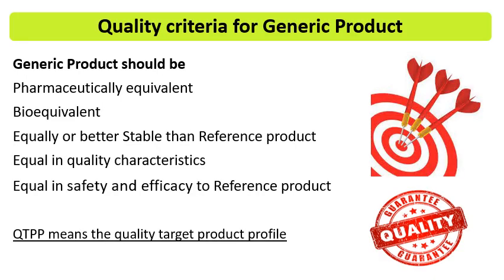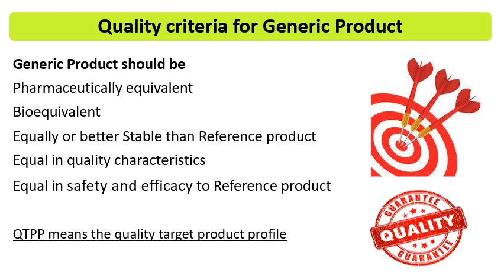So the quality criteria for the generic product is equal to the reference product. In quality, the generic product should be the same or similar to the reference product. It should be pharmaceutically equivalent, that means the same strength, same dose, similar formulation design, and the same route of administration.